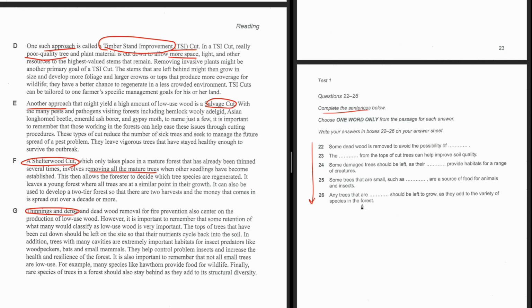So, let's just start from the end. A variety of species. We have rare species. Any trees that are blah blah should be left to grow.